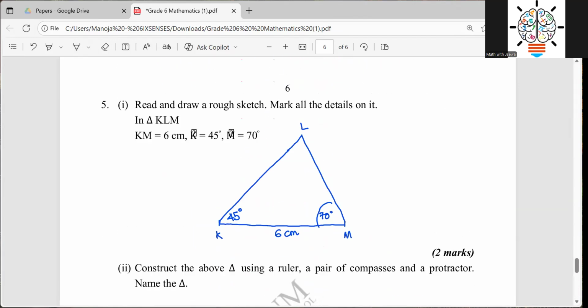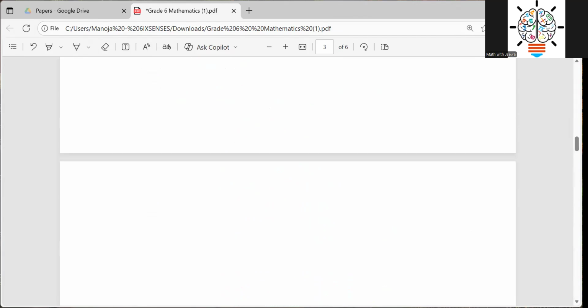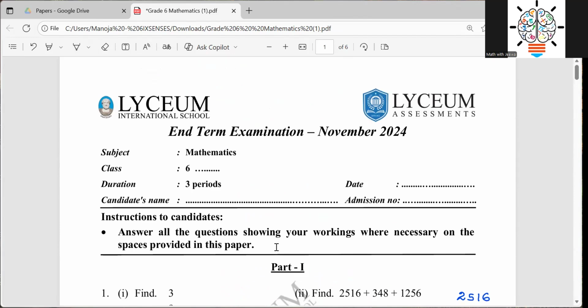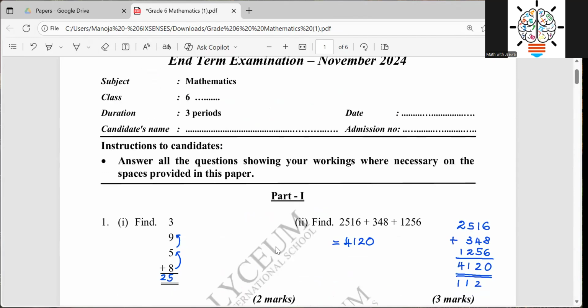Now you just see, children, I will show you one more time how I have written the answers. When I'm discussing a past paper, I always think I'm the student. If I'm the student, how am I going to show my best to my teacher? Sorry. Right?